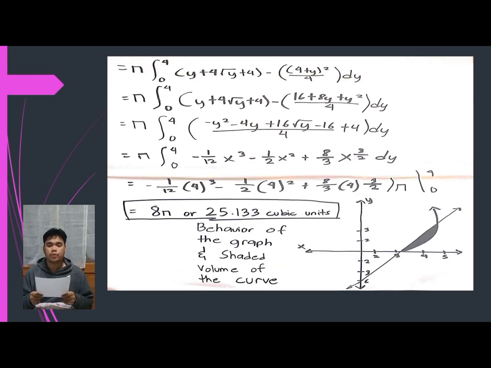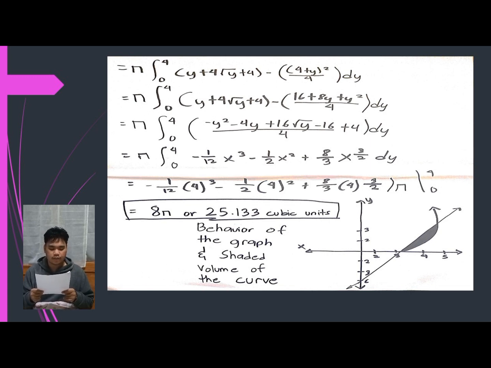And now we're going to put our pi outside. So we got pi integral of y + 4 square root of y + 4 minus (4 + y squared over 4) dy between 4 and 0.